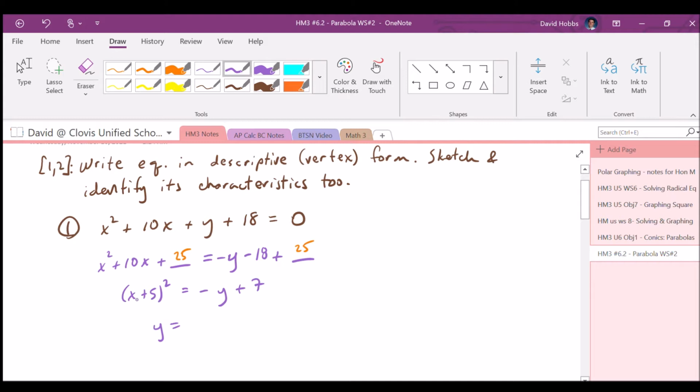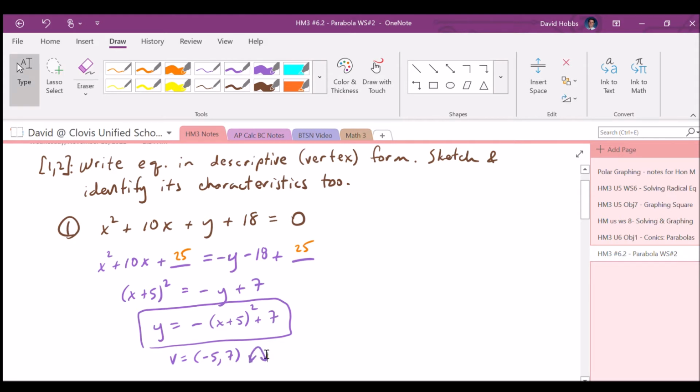And I'll move the x plus 5 quantity squared to the right, and it becomes negative x plus 5 quantity squared plus 7. That's descriptive form because we can see the vertex is negative 5, 7. It's y equals, and it's a negative a value, so it's opening down. We'll keep that in mind.